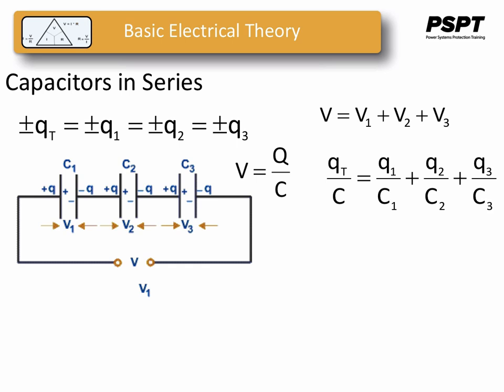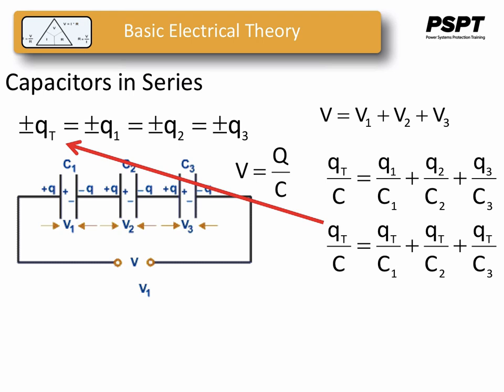What we have is a total charge QT all over C, which is the total capacitance of the series circuit, equal to the sum of the individual charges over the individual capacitors, or QT over C is equal to Q1 over C1 plus Q2 over C2 plus Q3 over C3.